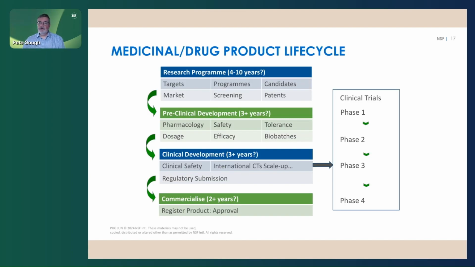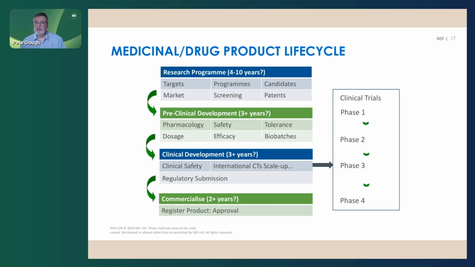Now, if we move across to medicines, the life cycle of a medicine is quite different. It will start typically with research and development in a laboratory, trying to identify something to address a particular disease state. Historically, they've been largely chemicals that have acted on the body.